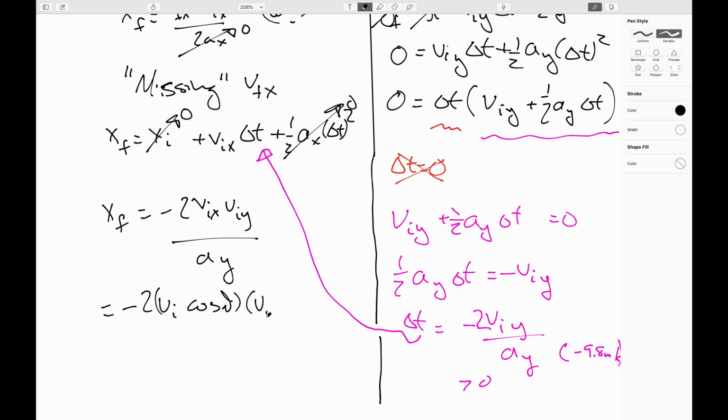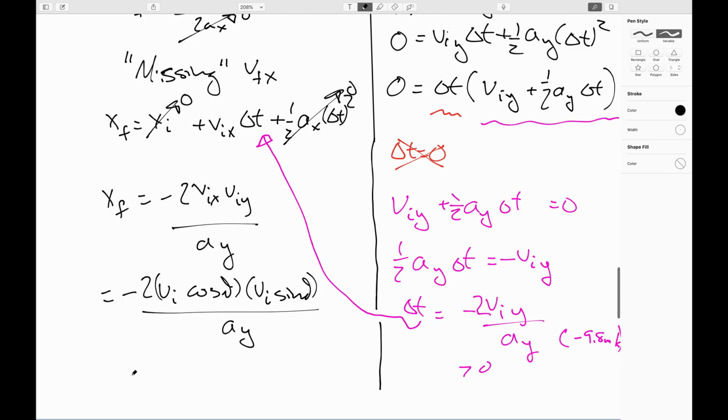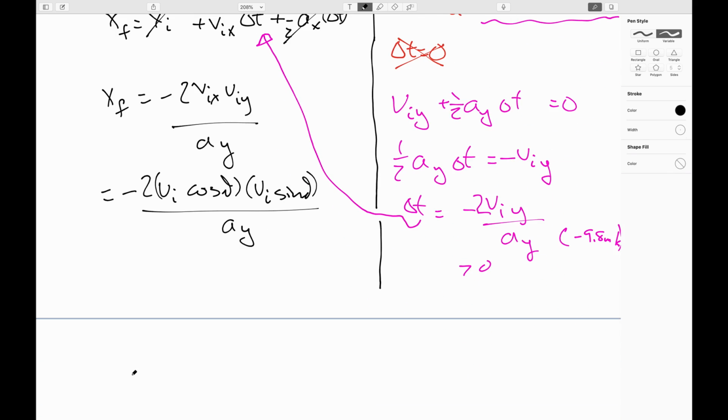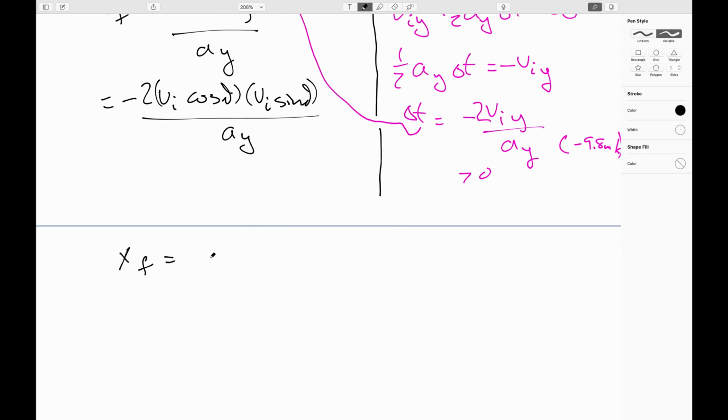V initial Y was V initial sine theta. So if we clean it up and make it all pretty, we get that X final equals minus 2 V initial squared sine theta cosine theta over A sub Y.